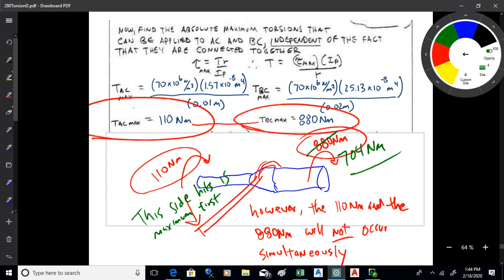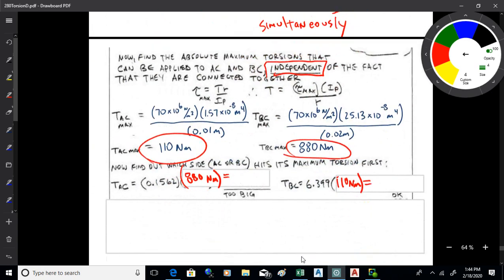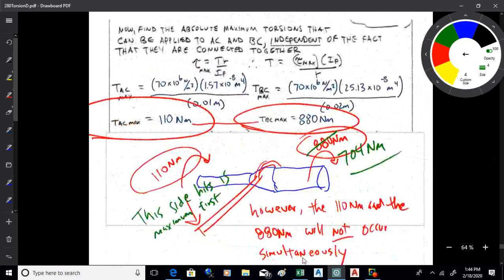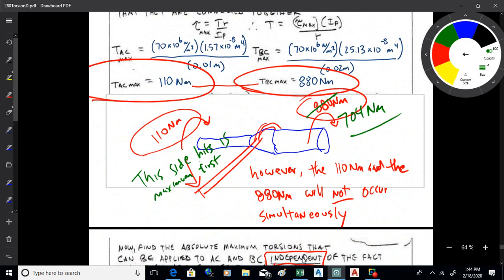Okay? So what's going to happen is the left side, AC, when it hits 110, the right side is not yet at 880, which is good. It's only at 704. So that's what's happening. This problem required a little bit of extra analysis to work through that. You okay with that? What's going on there? You can do this different ways. This is how I'm doing it though. Okay.